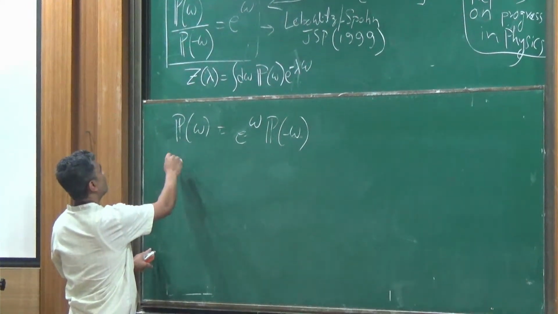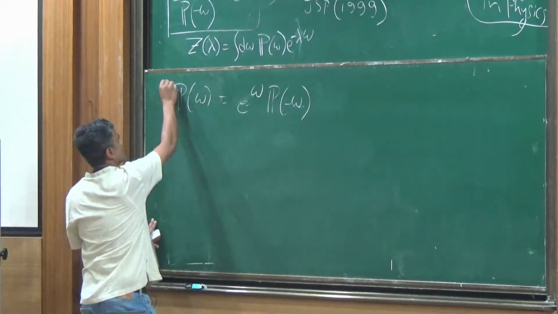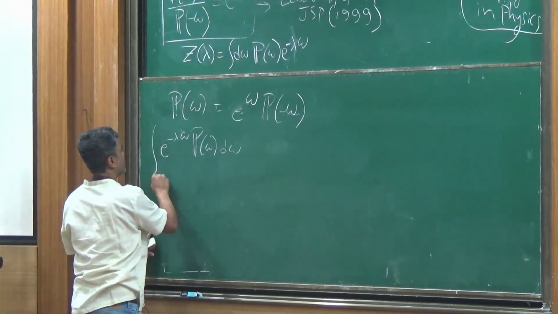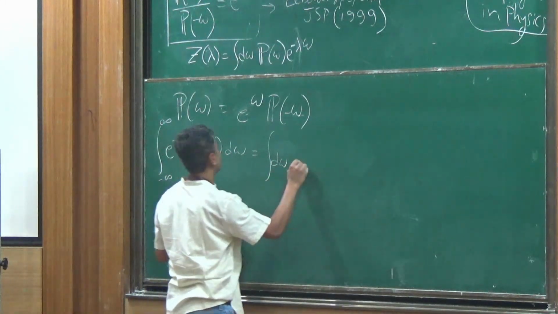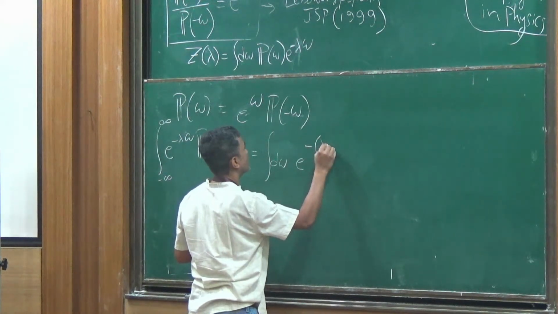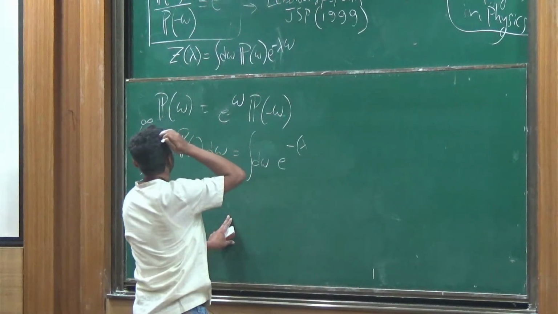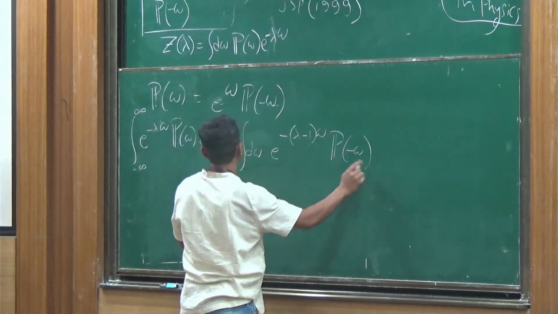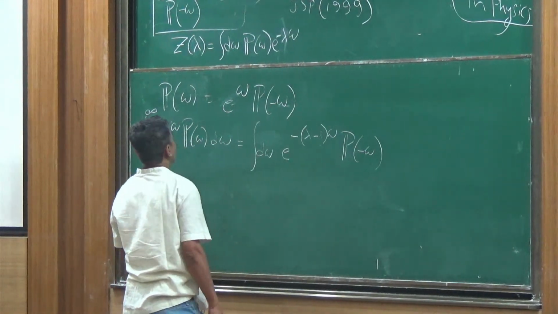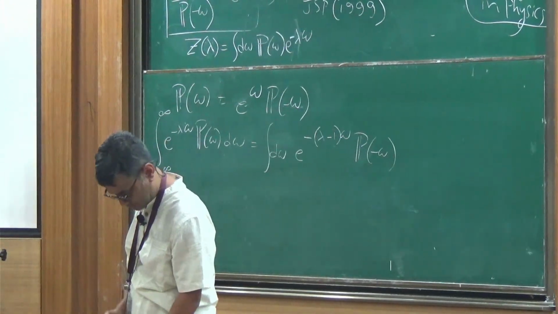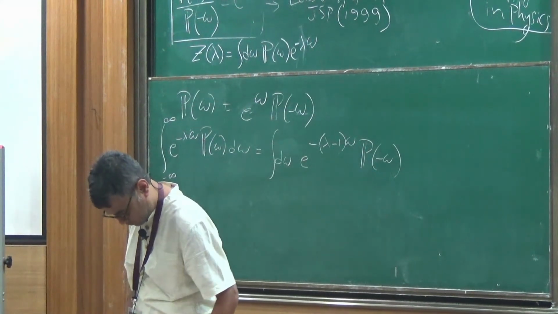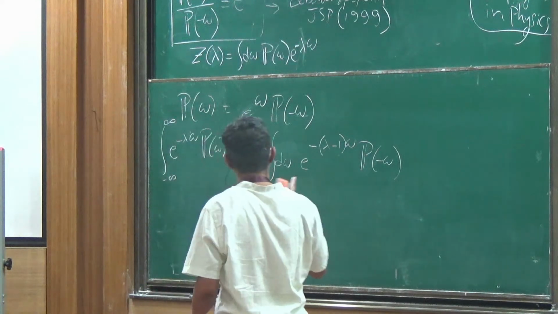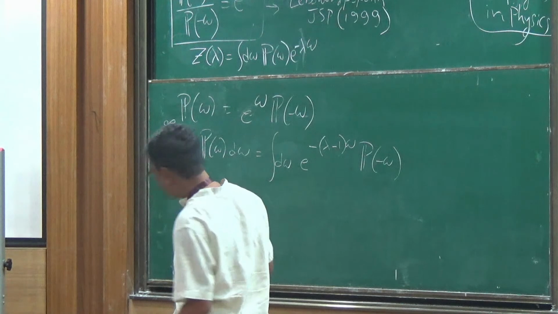Okay, so now supposing I multiply this by e to the minus lambda omega.